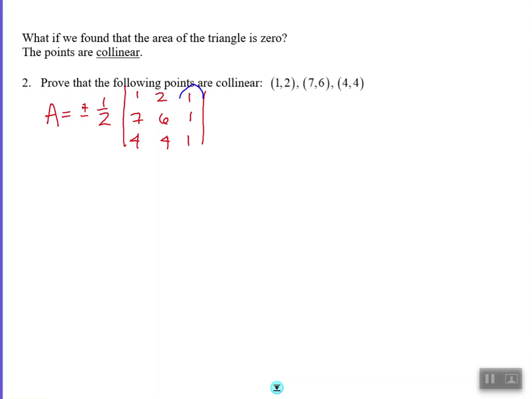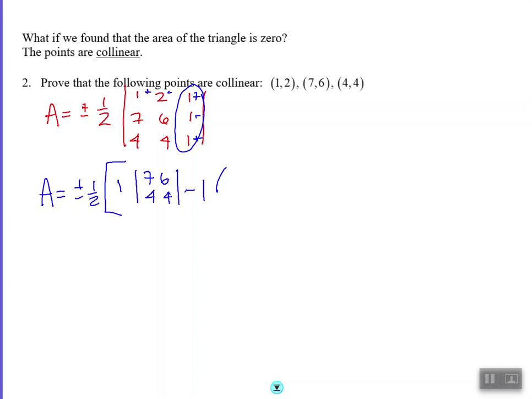Again, I'm going to choose to use the third column. Remember when we assign our plus and minuses. So I get that the area is plus or minus 1/2 of 1 times the determinant 7, 6, 4, 4, minus 1 times the determinant of 1, 2, 4, 4, plus 1 times the determinant of 1, 2, 7, 6. We need to find the determinant of each of these 2 by 2 matrices.